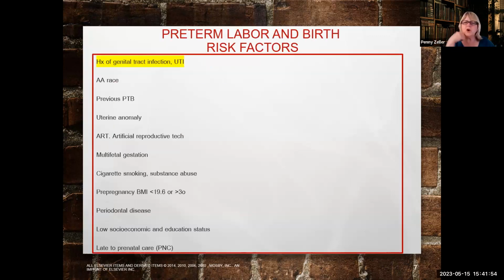Preterm labor, what are some causes of preterm labor and birth? The most common is infections, usually genital tract or genitourinary tract, so urinary tract infection or sexually transmitted infections. Your African American clients are more at risk for having a preterm labor.